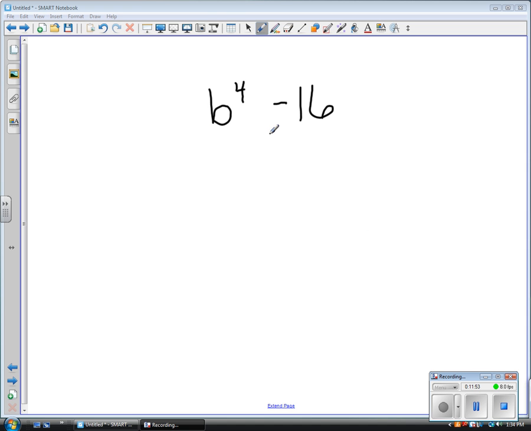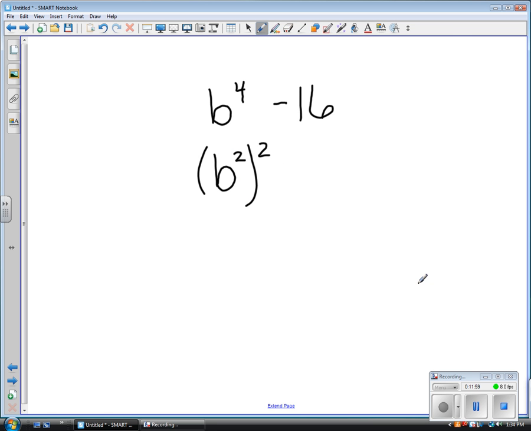Let's go back to our monomials. If I was to do the square of a square, would that not give me b to the 4th? Okay, very good. What's the square root of 16? So now what's my two terms going to look like?